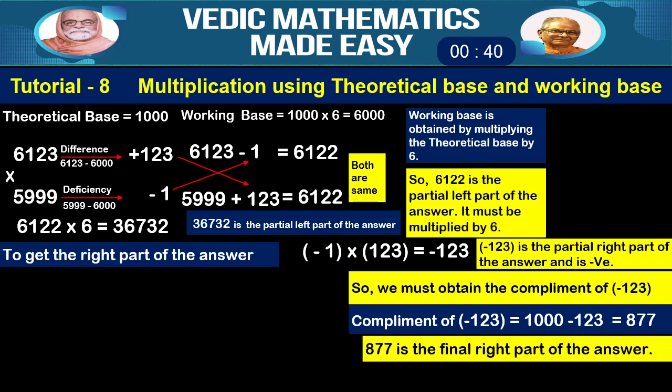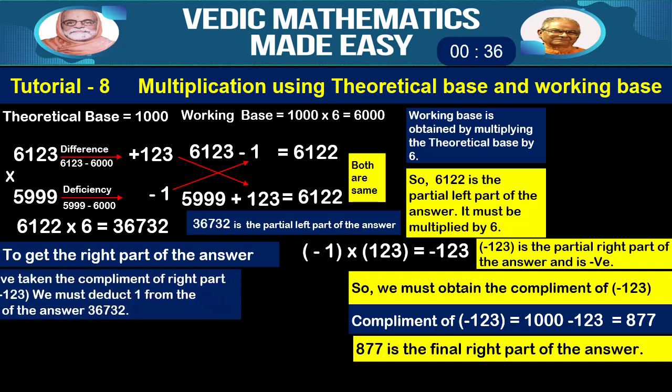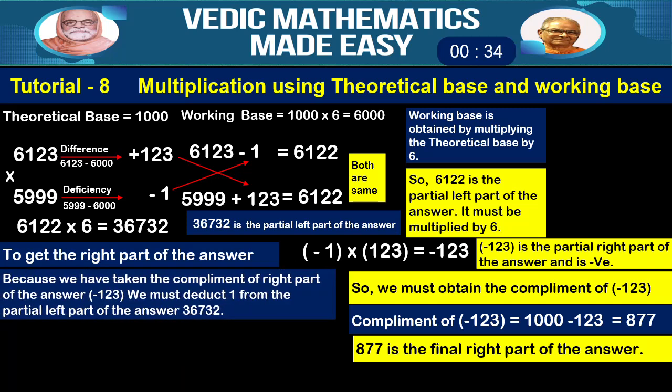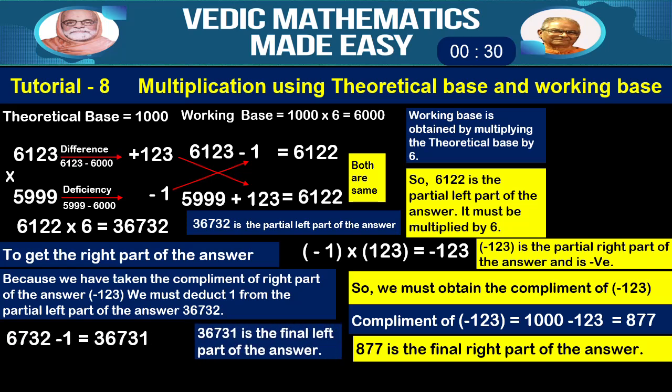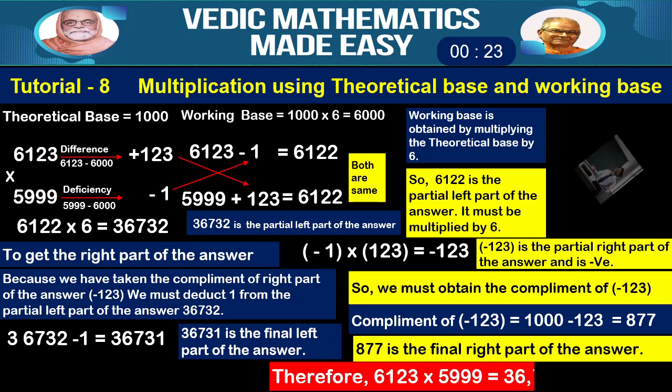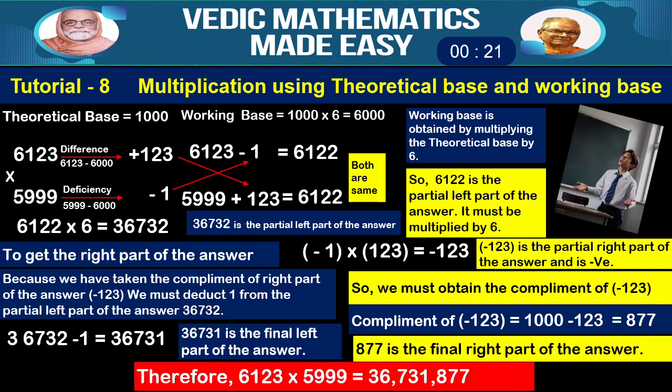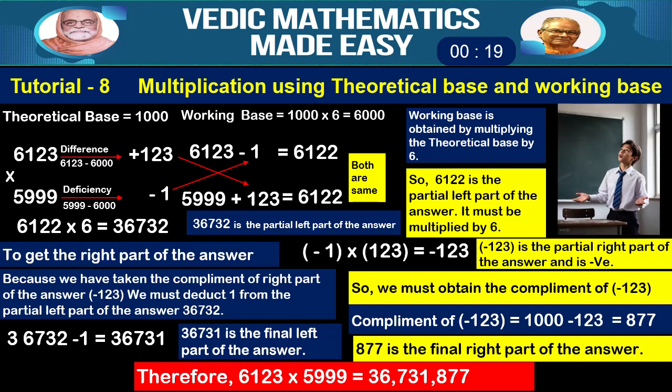This is the final right part of the answer. Because we have taken the complement of the right part of the answer, 36732 minus 1 is equal to 36731. Therefore, 6123 into 5999 is equal to 36731,877. So simple, isn't it?